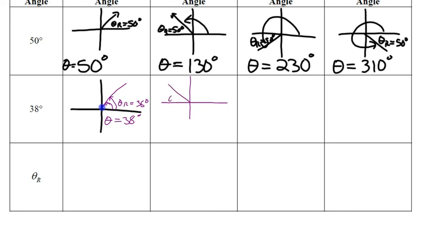In quadrant 2, we have a reference angle of 38 degrees, and our rotation angle, or our angle in standard position, is, right? 142? Yes, no, maybe, I don't know. I'm just guessing here.